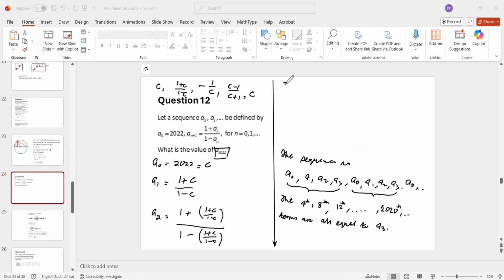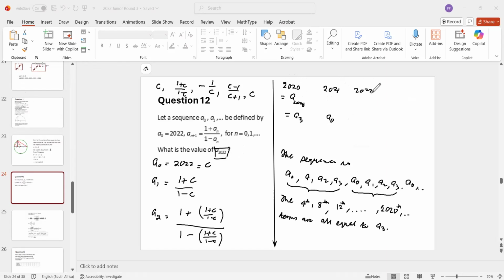So this is A 2020. Right? And this is equal to A3. So the next one will be the one after A3, which is A0, 2021.